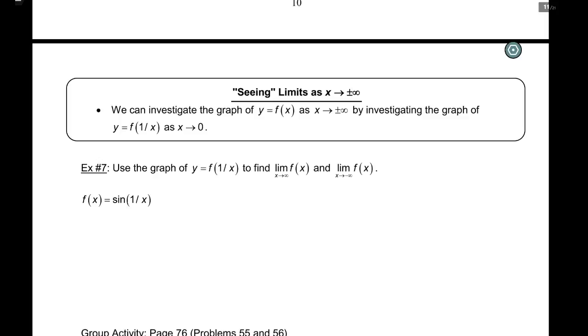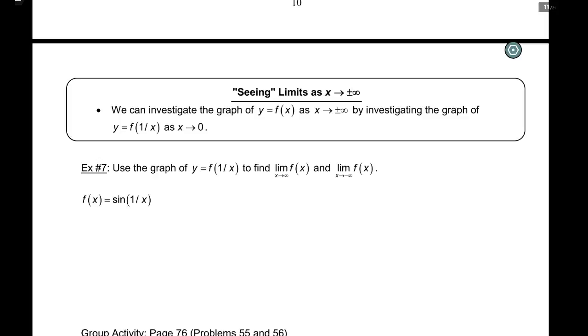Here's an example. Let's just look at 1 over x, and you'll see why. Let's look at y equals 1 over x. What does that look like? It's like this and this, right?